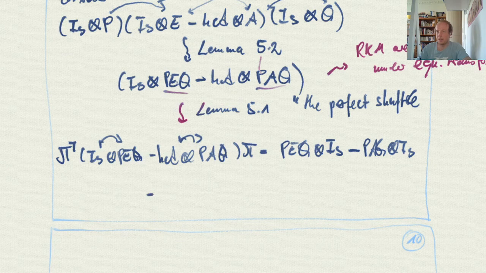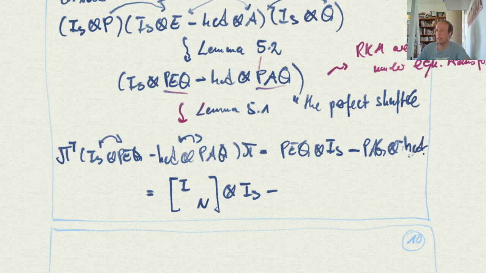This is the same as PEQ, which looked like the identity I_n times the I_s minus, no, this is of course not this, this is h times the A. So this is PEQ times the I_s, and here we have PAQ, which is this Jordan identity times hA.